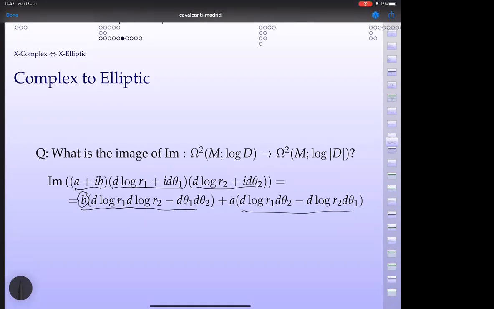There's a minus sign there. So the coefficient of d log R1, d log R2 should be minus the coefficient of d theta 1, d theta 2. And similarly for d log R1, d theta 2, and so on. So if I have something that comes from complex and goes to log, the 2-forms that I get will automatically have some matching of residues that would not happen if I just had a generic 2-form on this side.